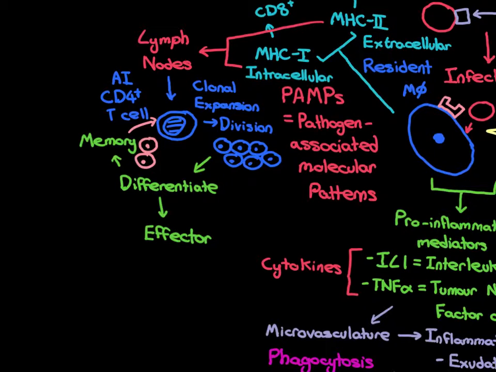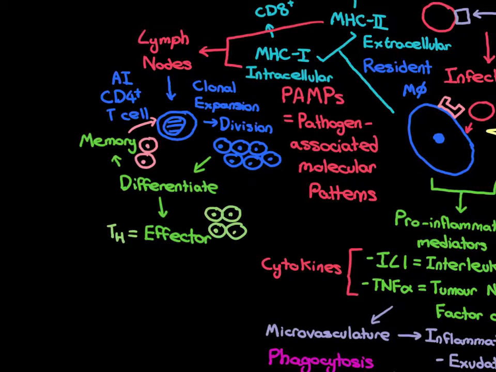Let's now go on to the effector CD4 positive T cells. So the majority of them are going to differentiate into effector CD4 positive T cells, which we more commonly call effector helper T cells. So we'll refer to them as T subscript H here.